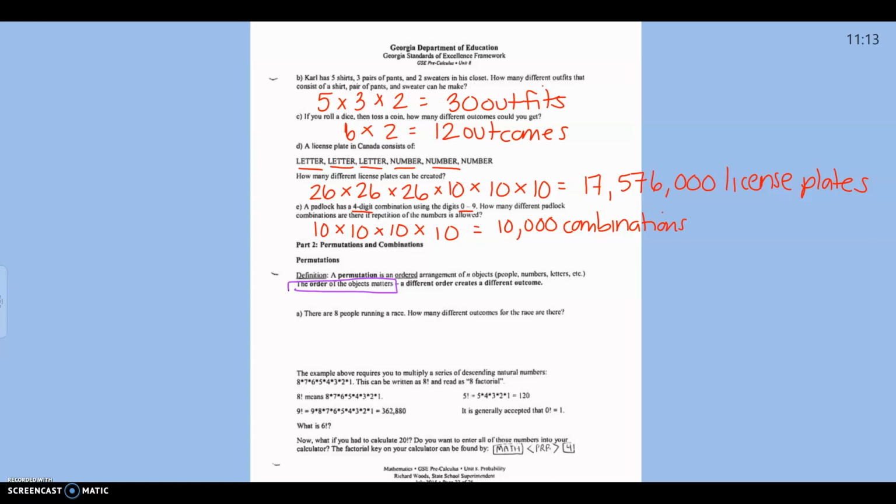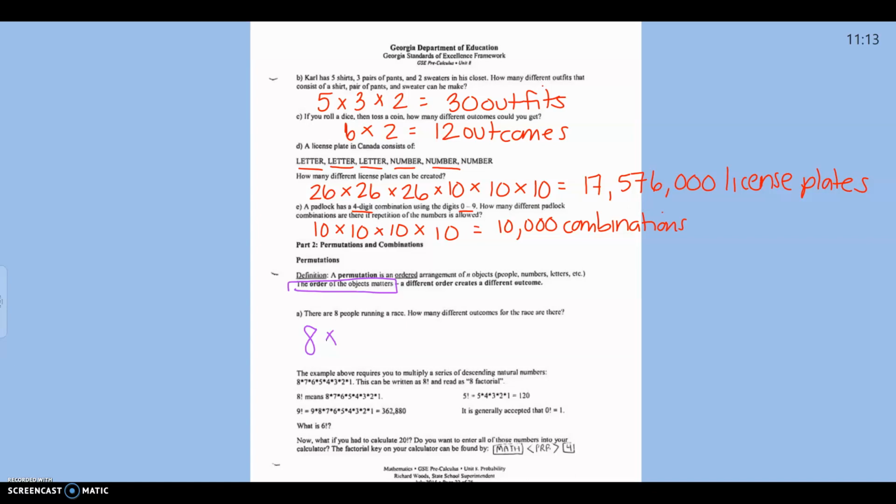So what we have to think about here is, to come in first place, if you have 8 people running the race, you have 8 choices of people that can get first place. But what happens at second place? Do you have 8 people to pick from again? No, because somebody already got first place. So let's say Ms. Stuhler comes in first. That was one of our 8 choices.